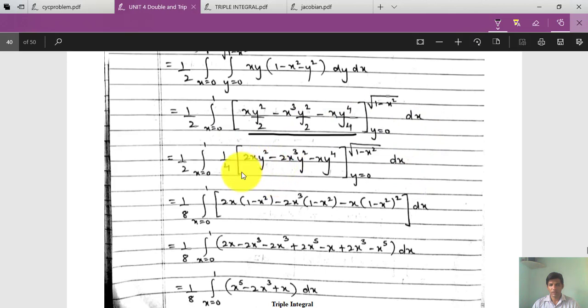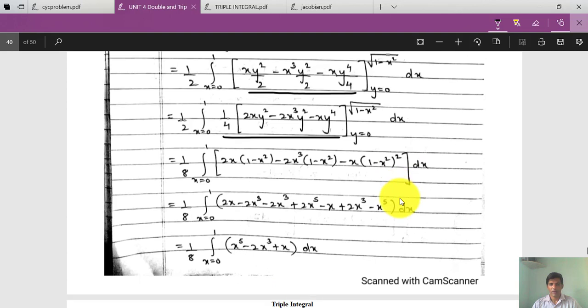Then again I simplify this. I have still not applied the limits, that is y equal to 0 to the square root of 1 minus x squared. Here y squared, here y squared, y to the power 4 is there, so the square root sign gets cancelled, giving 2x(1 minus x squared) minus 2x cubed(1 minus x squared) minus x times (1 minus x squared) the whole squared.